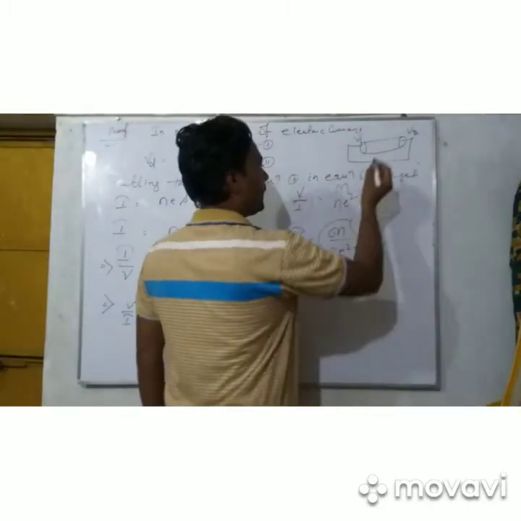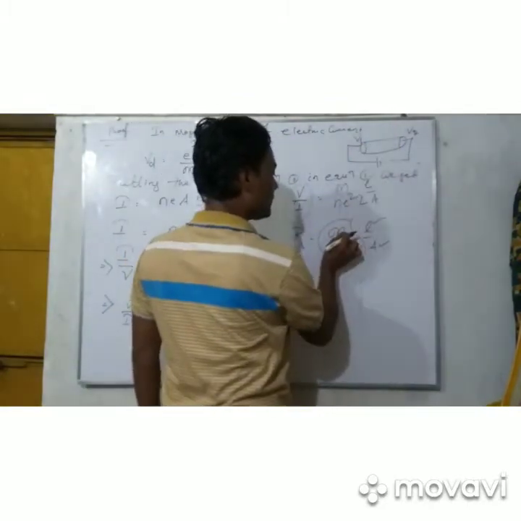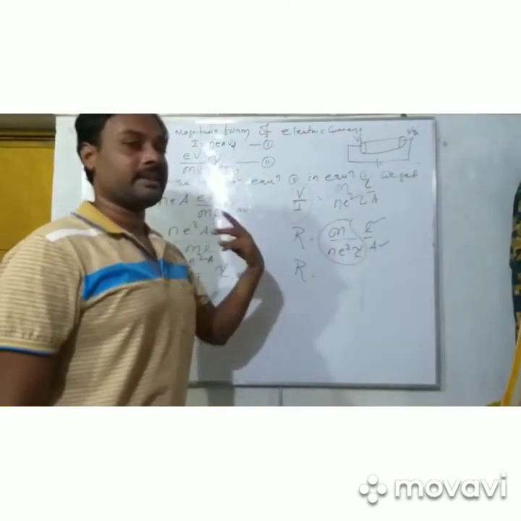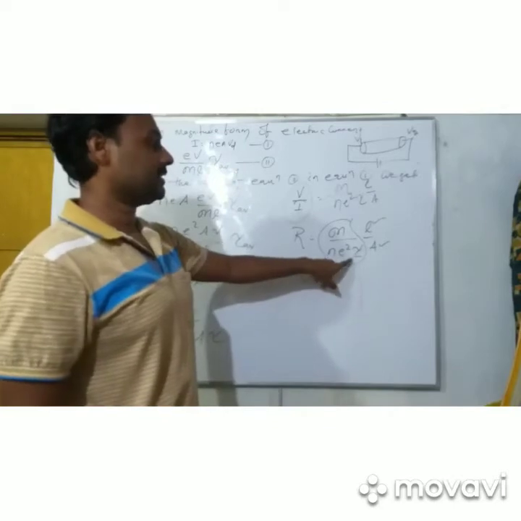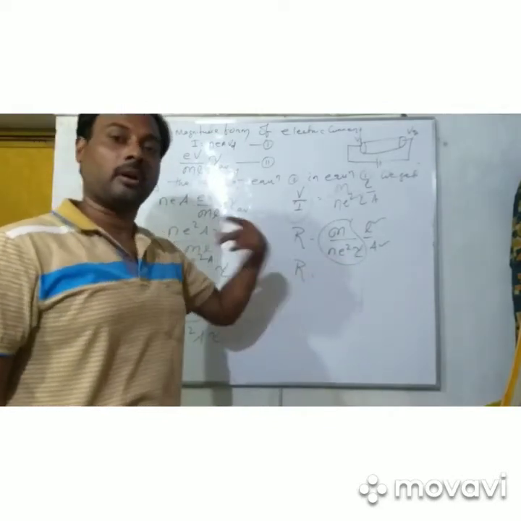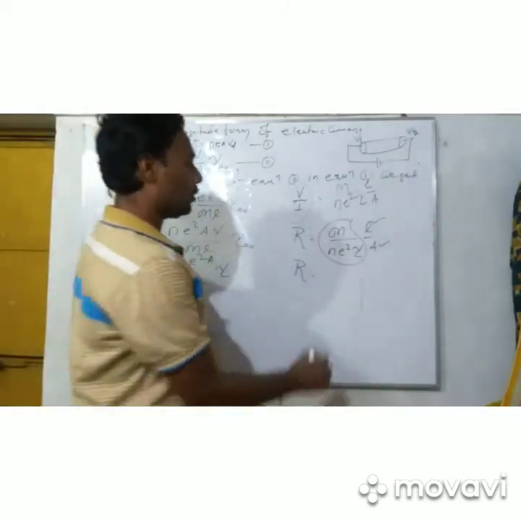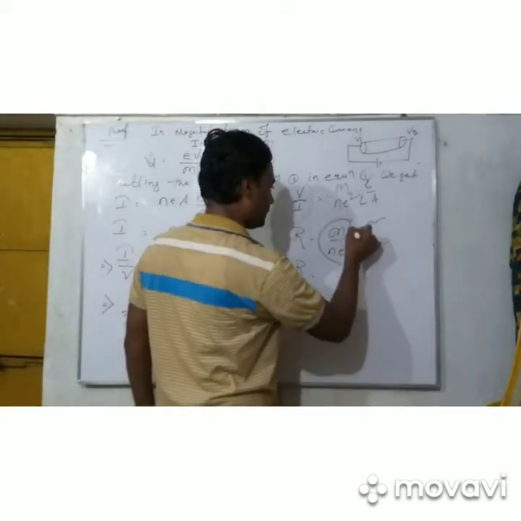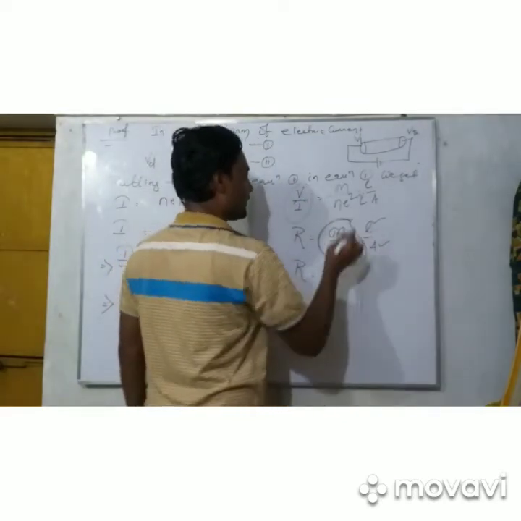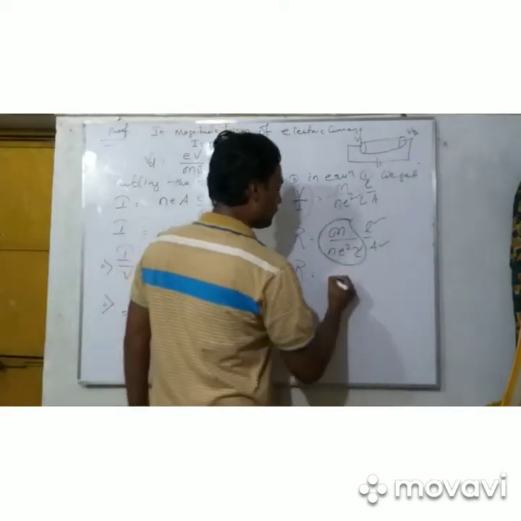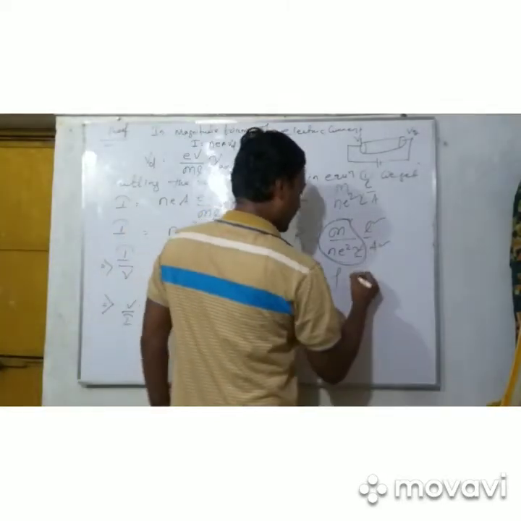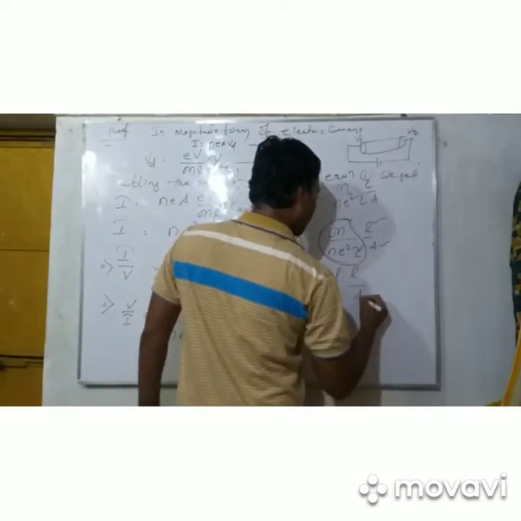The mass of the electron remains the same, the charge of the electron remains the same, the relaxation time remains the same, and the number of electrons per unit volume also remains the same. So all these quantities remain constant. That's why that term represents a constant quantity. That constant quantity can be represented as ρ, and this one is L by A.